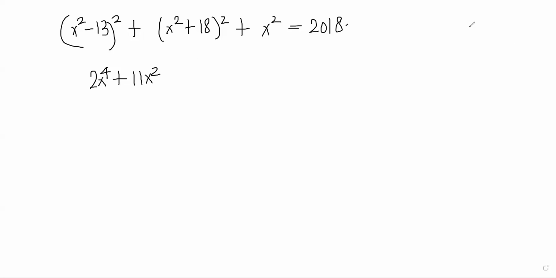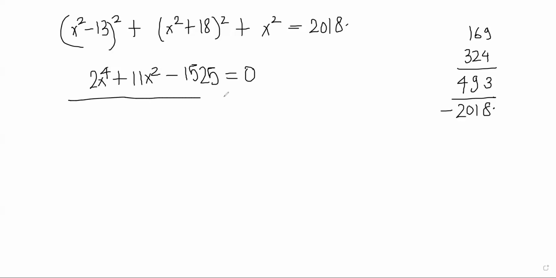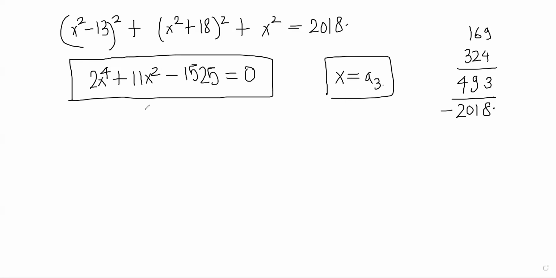So 169 plus 324 is becoming 493, minus 2018, right? So this is 1525. This is my equation where x is a3. So solve this equation and find x, no?